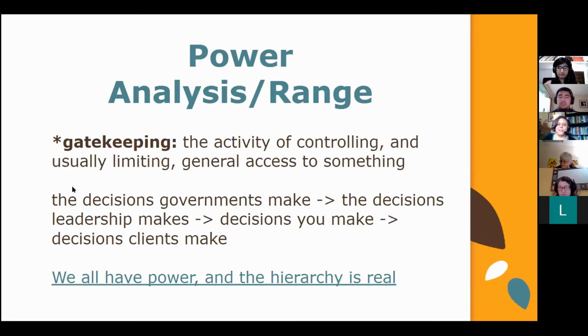And I kind of wanted to put this little flow chart in here: governments, leadership, you, clients, just to kind of point out that while we feel very, very powerless and very hopeless these days, and it seems that there's so much outside of our control, there are also things that are within our control.